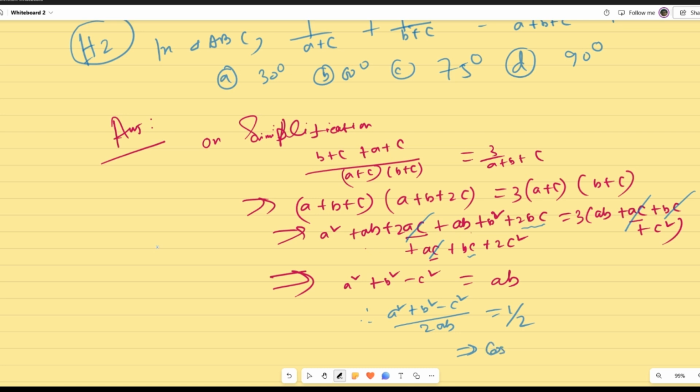Cos C. So cos C is 1 by 2, C equal to 60 degree. So which option going to be correct? Option correct will be this thing. Okay? Let us do another one. Just manipulation, nothing else.